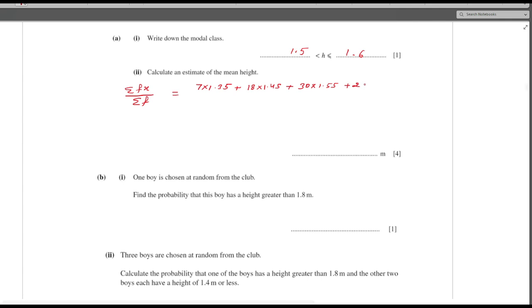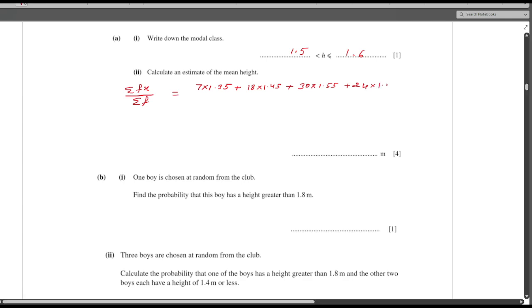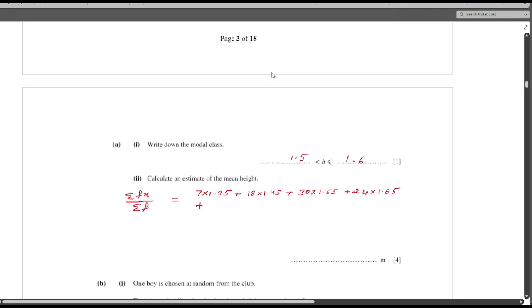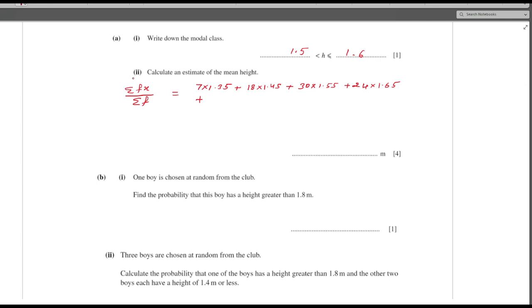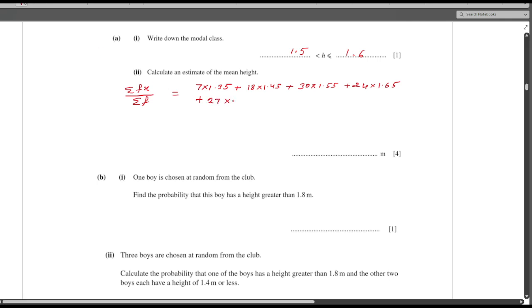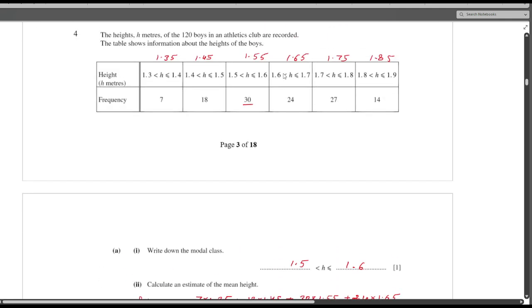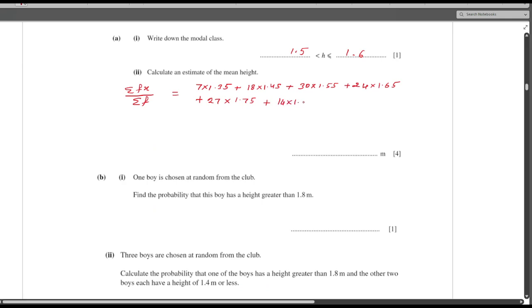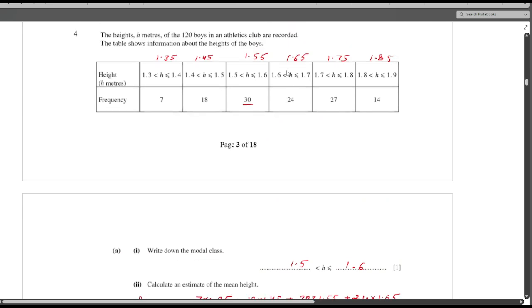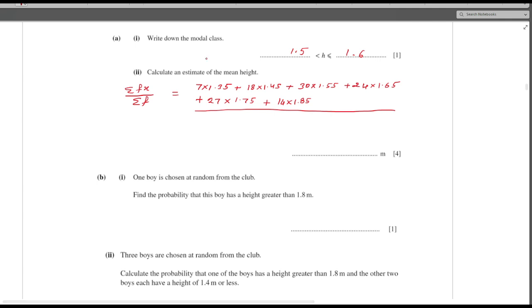So plus 24 into 1.65, plus next frequency is 27 into 1.75, plus 14 into 1.85, and this whole divided by the total number of students, which is 120.